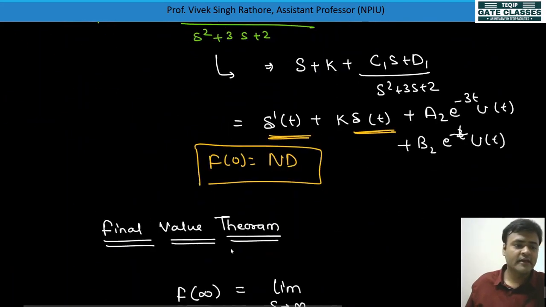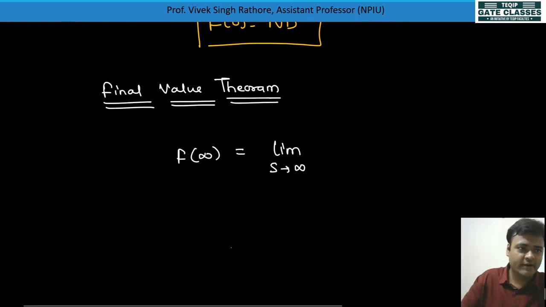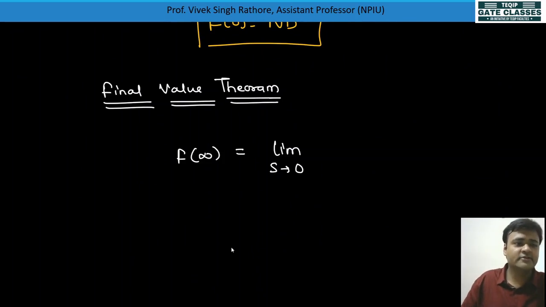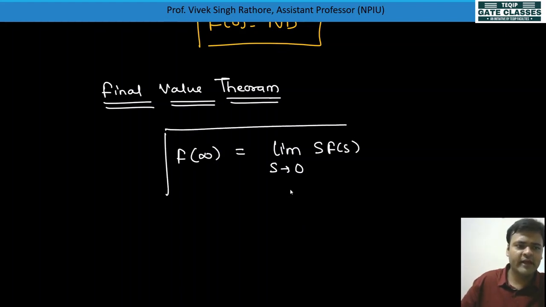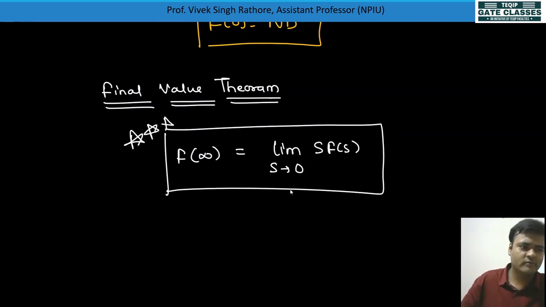Here it is just the opposite: s tending to 0. You should remember, for initial value we take s tending to infinite, and for final value we take s tending to 0. And again it is s into F of s. In both expressions, the only difference is what value s tends to. This is the final value theorem.